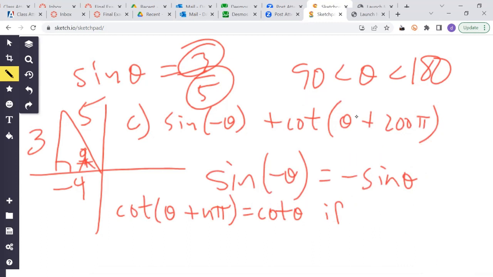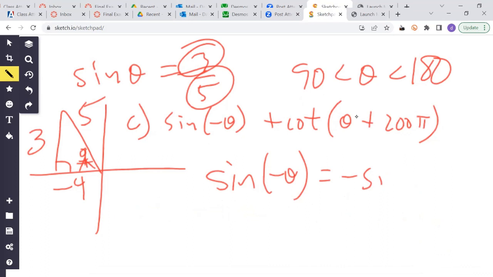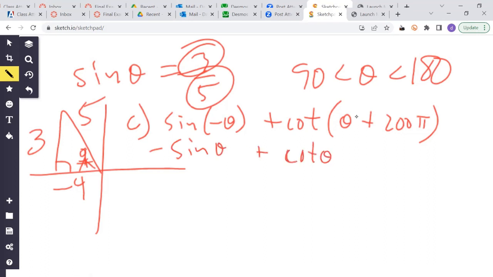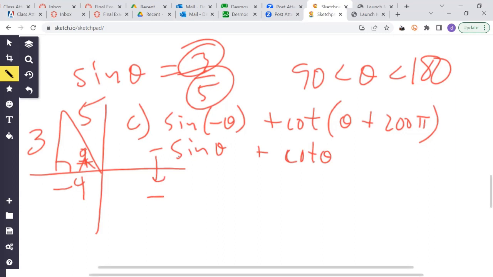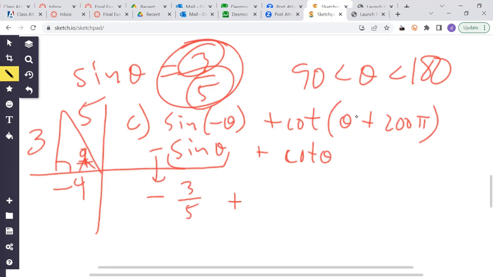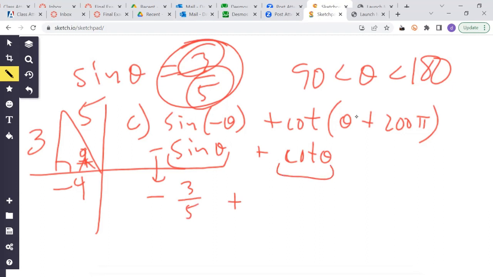So let's get this off the board. By substitution, using the properties, we have negative sine theta plus cotangent of just regular theta. So we have negative. Now sine of theta, that's given, that's 3/5, plus. Now what's cotangent?